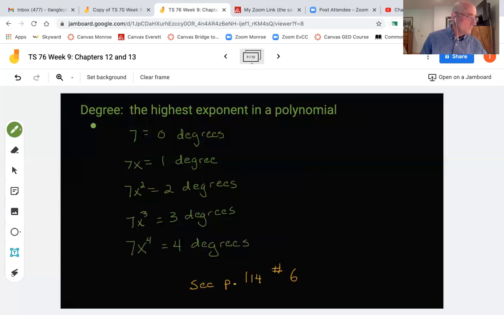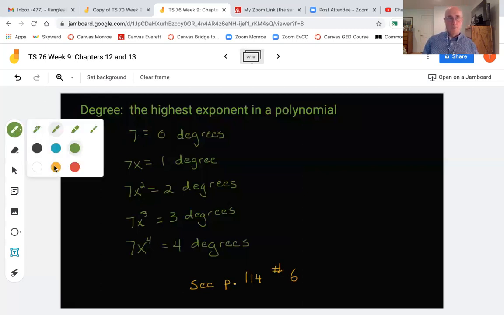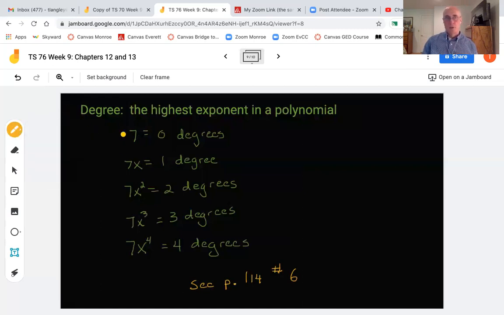I just developed this little chart here to help people understand how you tell what degree. The highest exponent in a polynomial is the degree. We looked at exponents, that little number. So if I had the number 7, you'll notice there is no exponent.